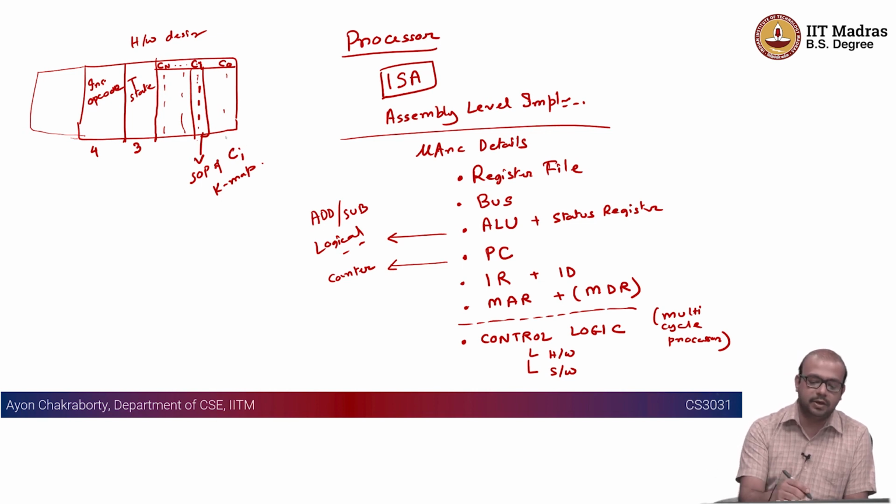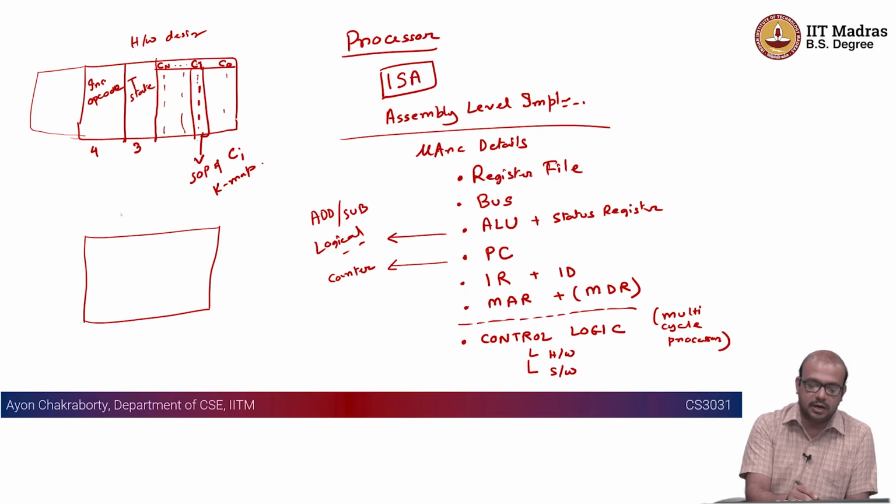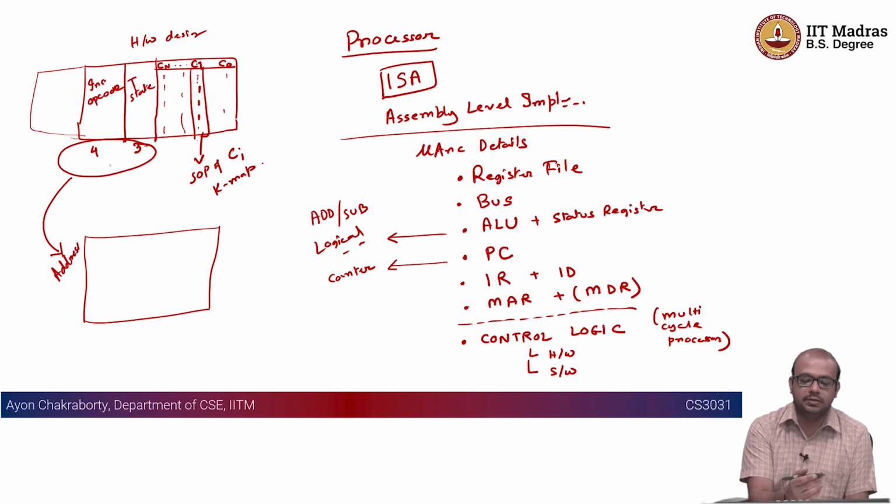The other thing is that you can instead use the truth table directly embedded in memory. So instead of designing a truth table like this, what people do is take this part and use it as an address to look up memory. Instead of having 128 rows in the truth table implemented in hardware, you can simply store the entire truth table, Cn to C0, 128 rows of them, directly in the ROM.